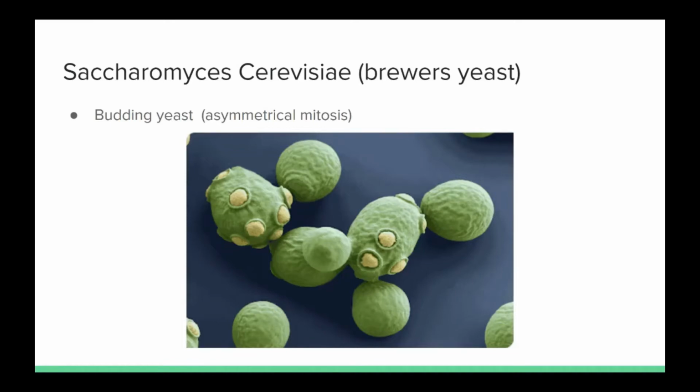Brewer's yeast is a budding yeast. It reproduces asexually through a process called asymmetrical mitosis. Typically, if conditions are favorable, the mother cell will bud and produce a daughter cell, and once a portion of the nucleus is transferred over to the daughter cell, it will undergo mitosis, and you'll end up with a slightly smaller daughter cell than your mother cell.